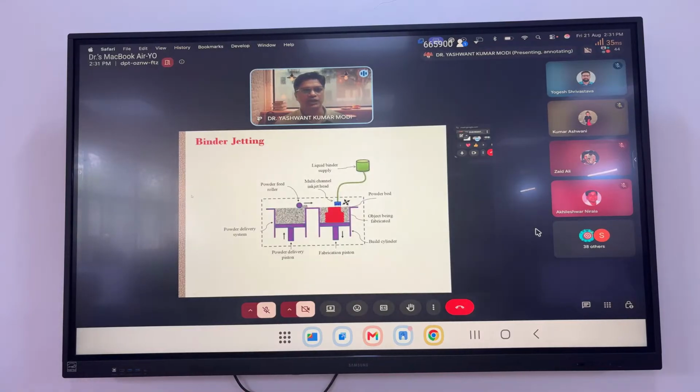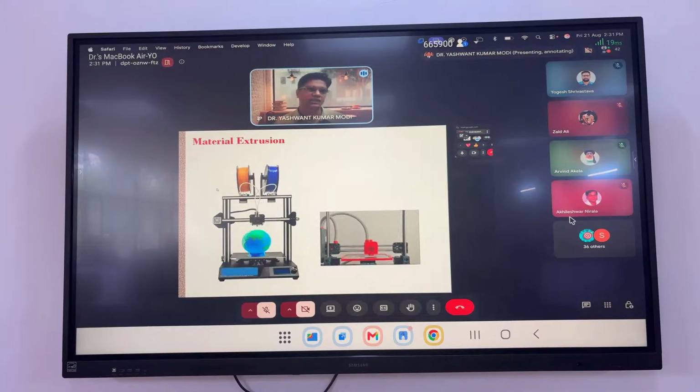That is the wet photopolymerization process. Then the second process is binder jetting. That is a powder-based process basically. In this process, a liquid binder is used to cure the raw powder material as required. Another process is extrusion, the other category of 3D printing technology.